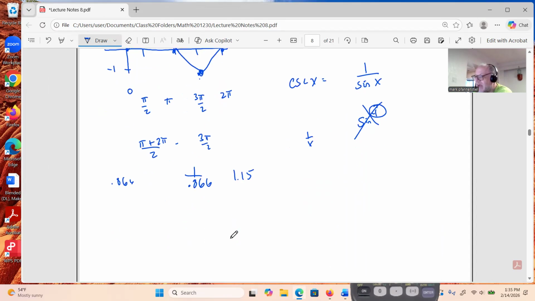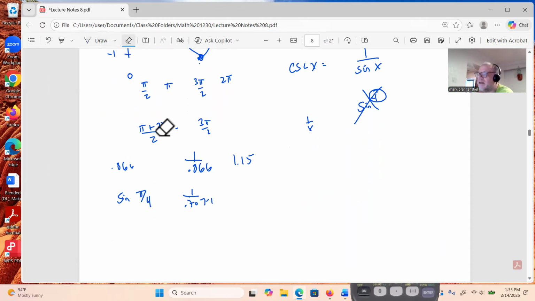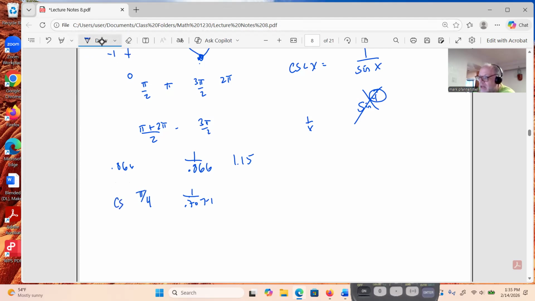If I look at the sine of pi over 4, that's 45 degrees, remember? Actually, I want the cosecant of pi over 4, which is equal to 1 over the sine of pi over 4. Well, we could calculate the sine of pi over 4.